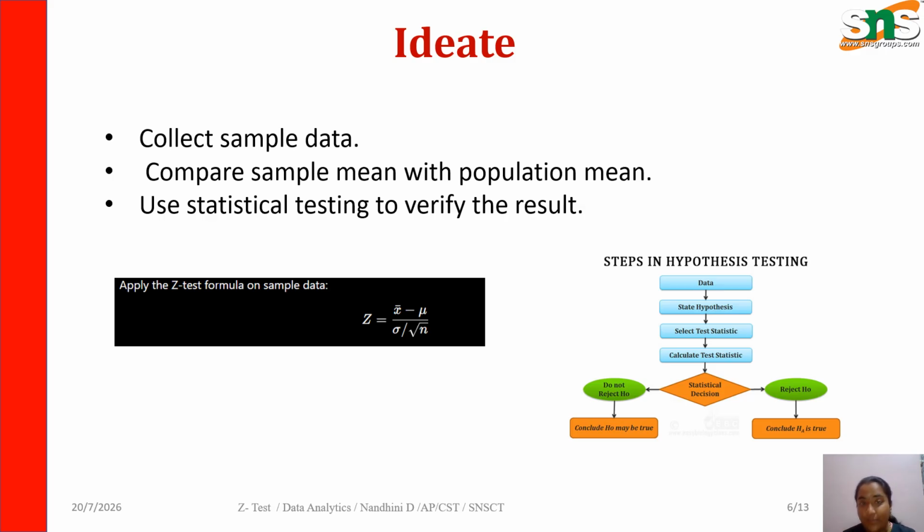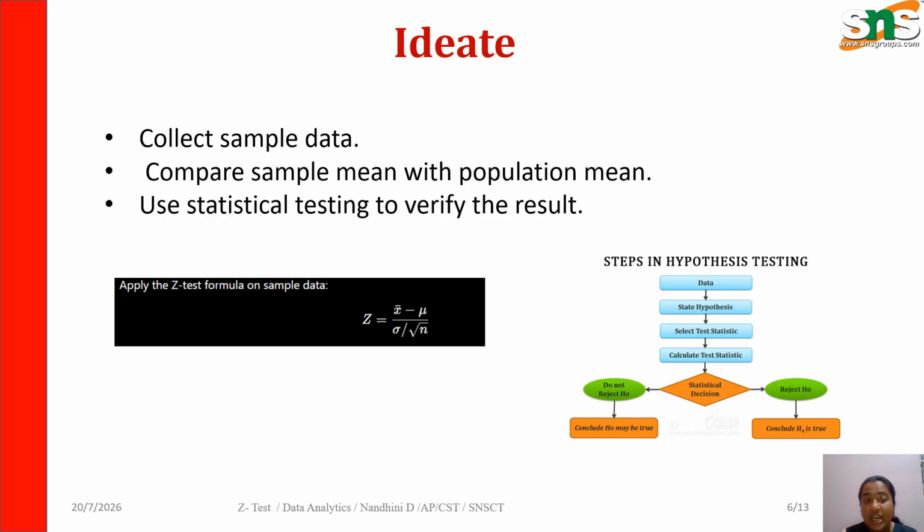So we collect the sample data, compare the sample mean with population mean, use statistical testing to verify these results. These steps are involved in hypothesis testing. As the data is collected, we are stepping into step one, where we state a null hypothesis and an alternative hypothesis. We select the test statistic. We are calculating the test statistic.